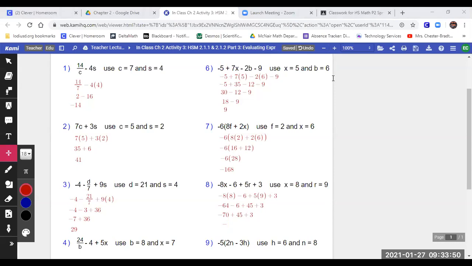So what are we going to get? -25 makes sense.